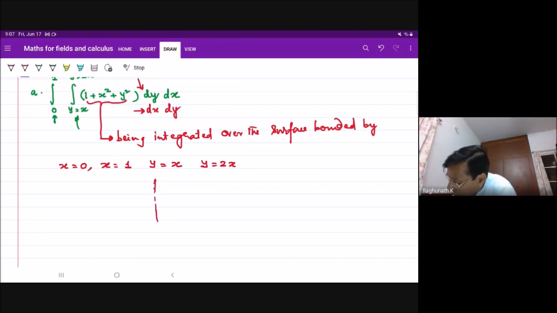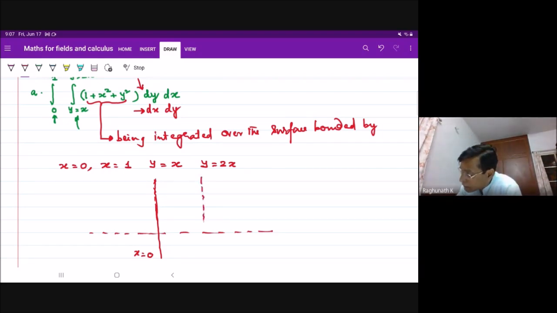This is x is equal to 0, the Y-axis, right? Next one is x is equal to 1. This is y is equal to x.